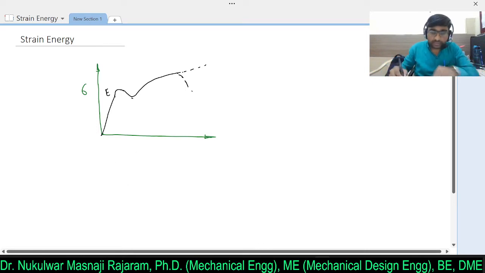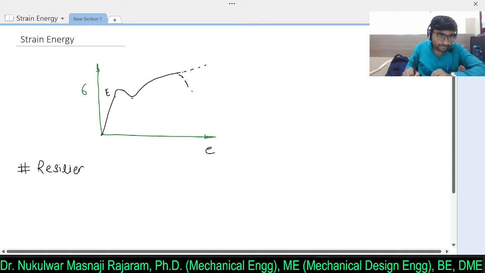So I will delete this. This is along the E. Now the first definition is resilience. What is resilience? The total energy stored in a body, commonly known as strain energy.